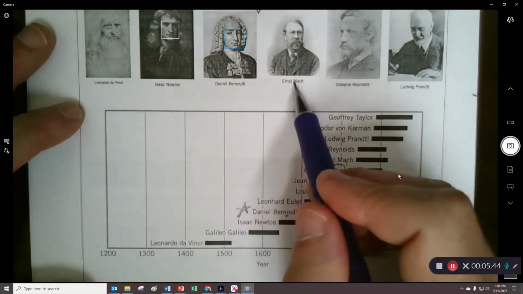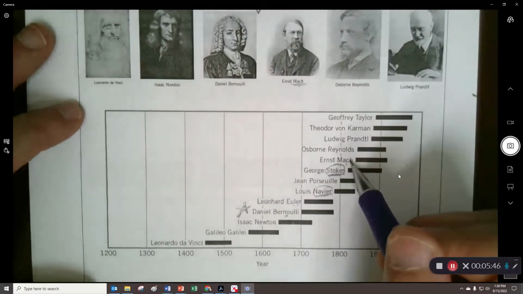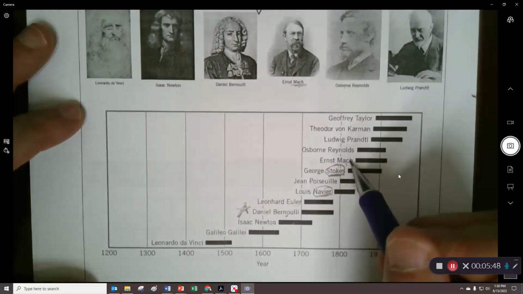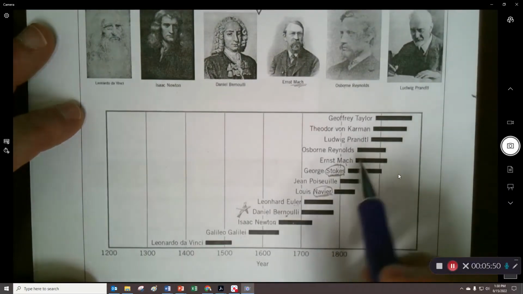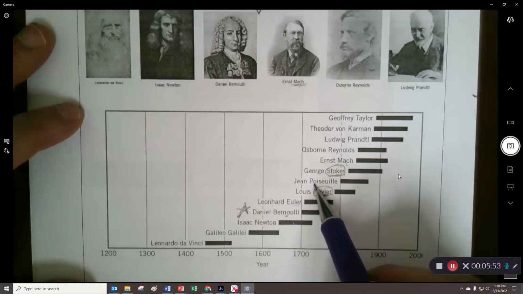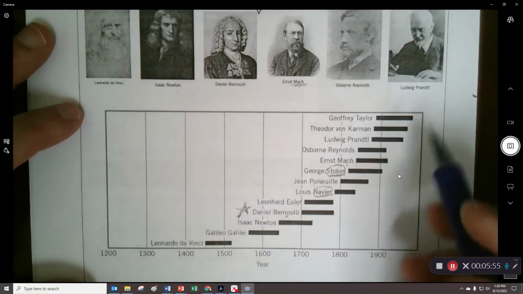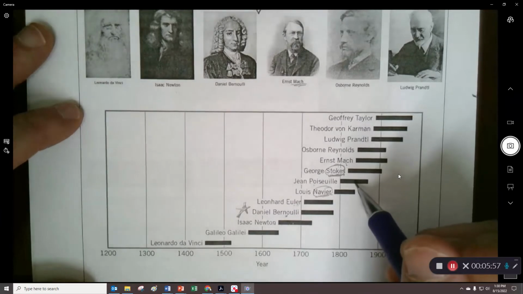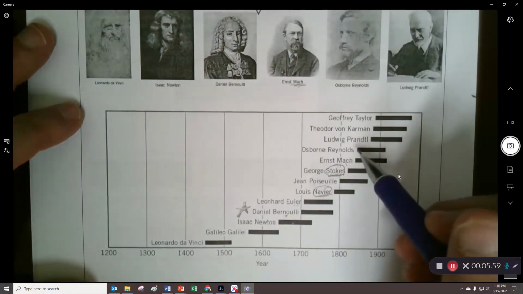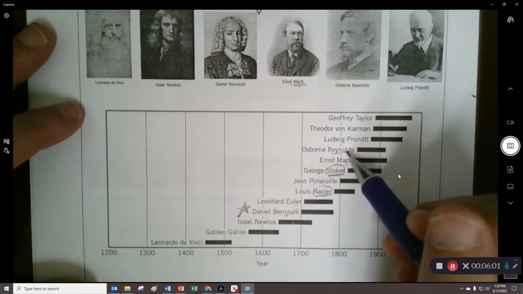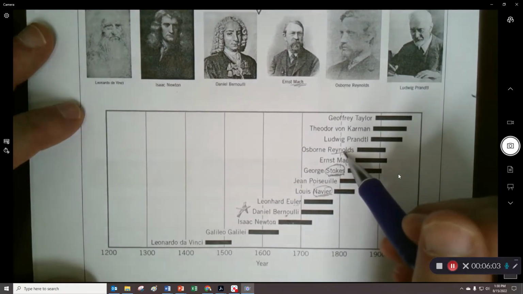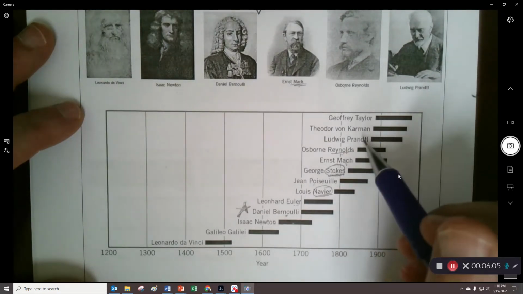Mach is most famously known for the Mach number, and he studied supersonic motion. I'm going to mispronounce this guy's name. I'm going to say Poiseuille. But anyway, he studied capillary tube action. And we already mentioned Reynolds number, so there's a lot about turbulent flow going on here.